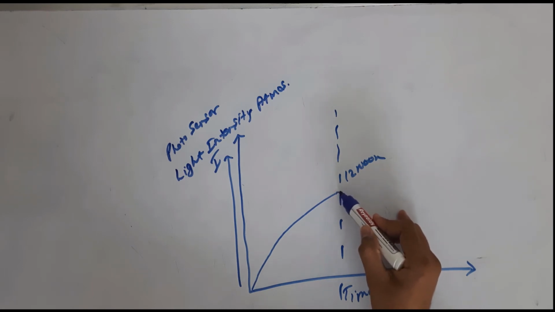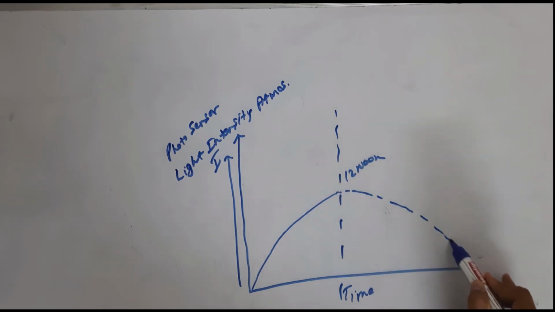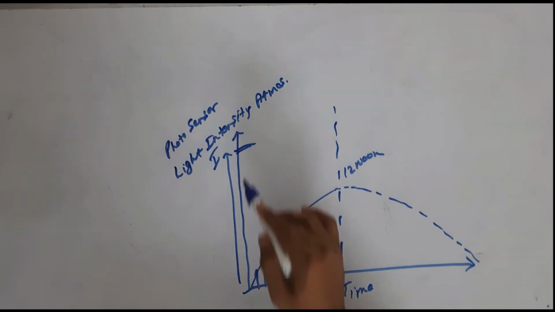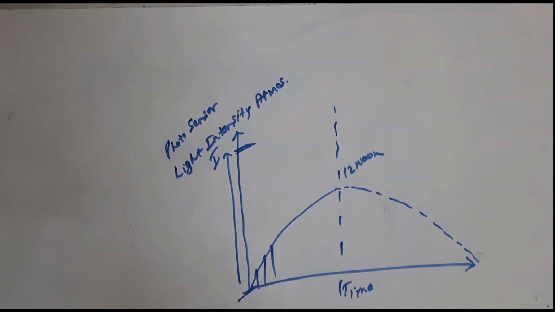After that, the light intensity will keep decreasing. So the light intensity will keep changing throughout the day, and at any instance of time, the value can be anything between the defined limits.